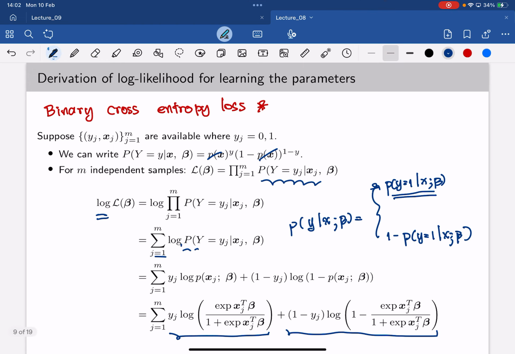They may multiply by log of probability of y equal to 1 given x beta, and add 1 minus y, multiplied by log of 1 minus p of y equal to 1 given x beta.